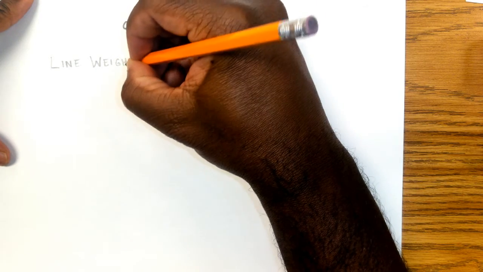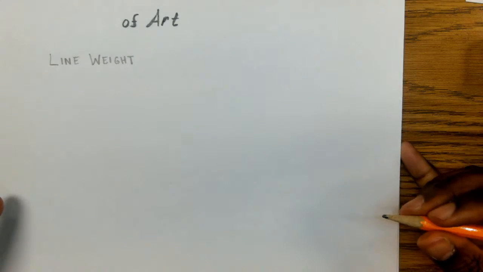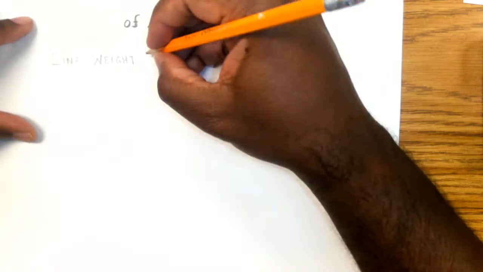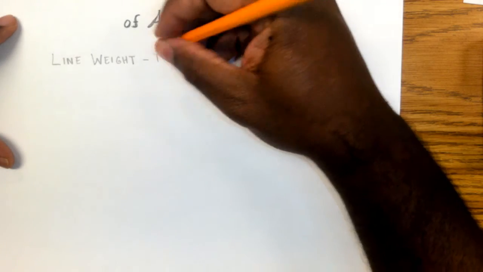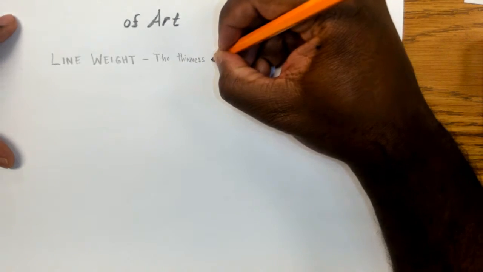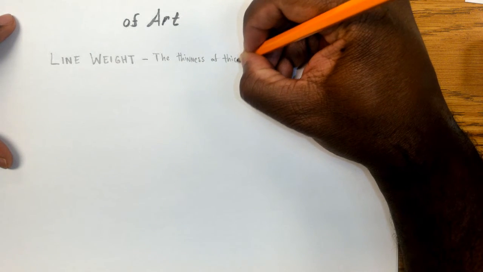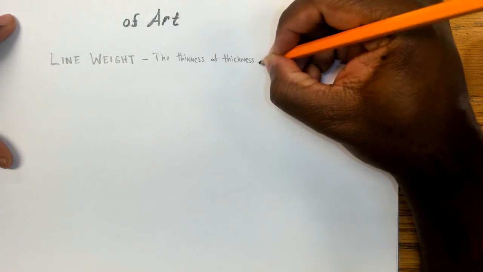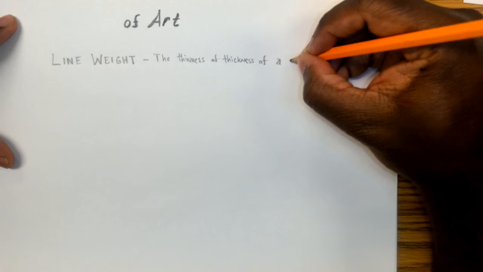And the last part of our line portion is line weight. Now, line weight is simply the thinness or thickness of a given line.